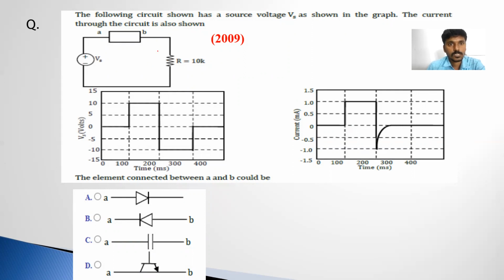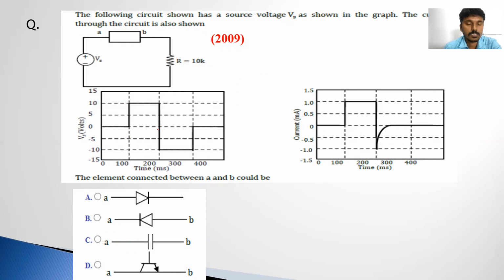This is the circuit he has given, and this is the supply waveform he has given. So how are we getting the output current? The output current waveform is also given.